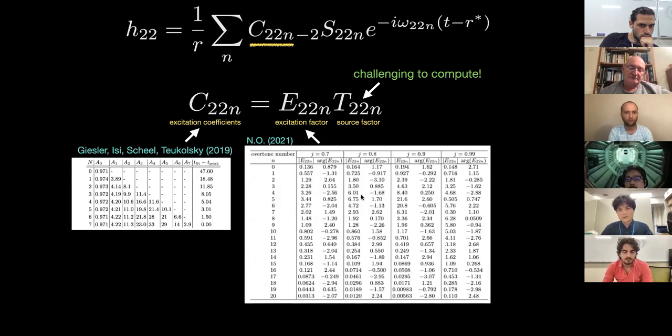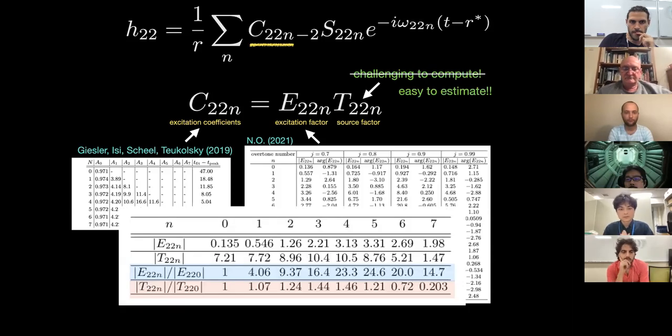So now it's very simple: just compute C_2n divided by E_2n. Then we can compute the source factors even for the binary black hole merger event. That's super easy now. So these are the results.